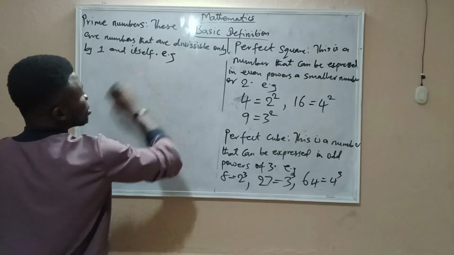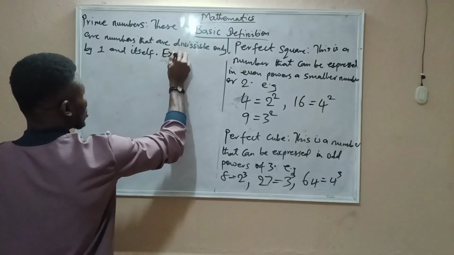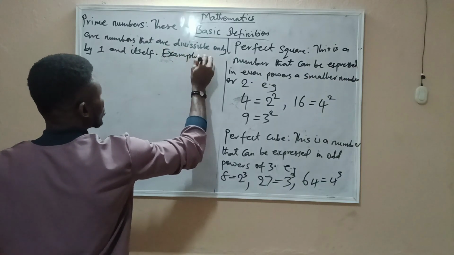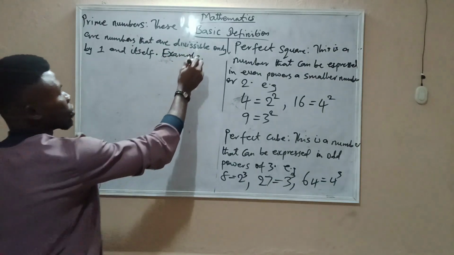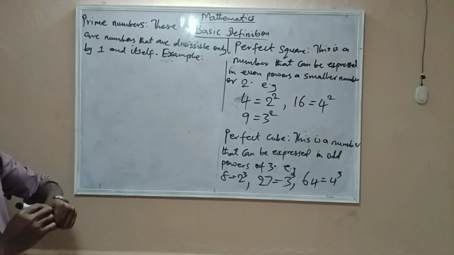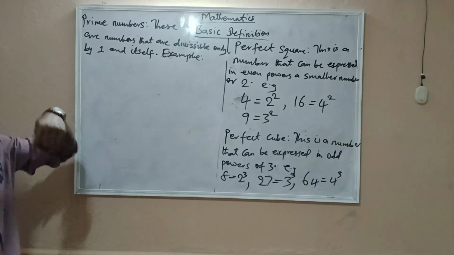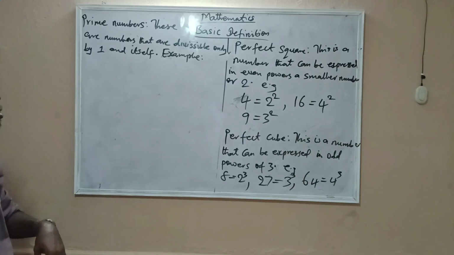This one says prime numbers are those numbers that only 1 and themselves can divide.